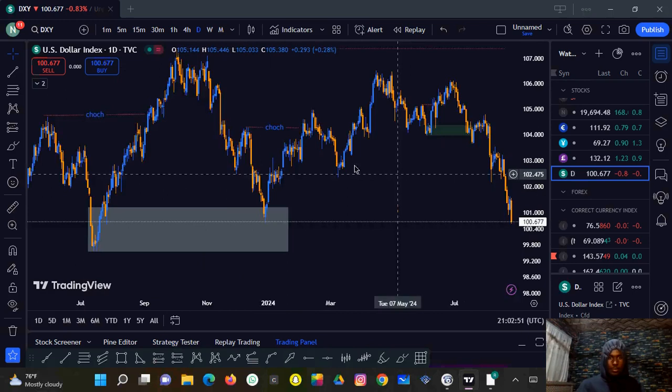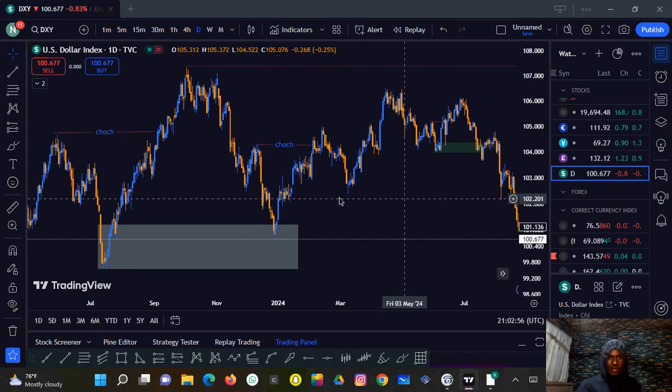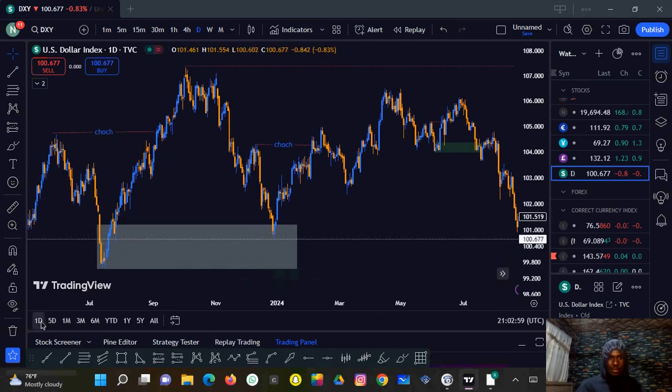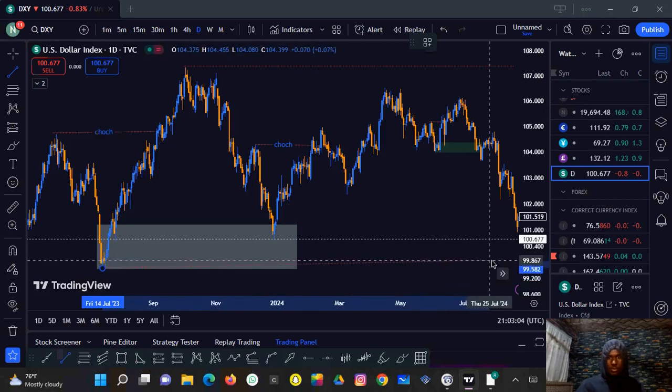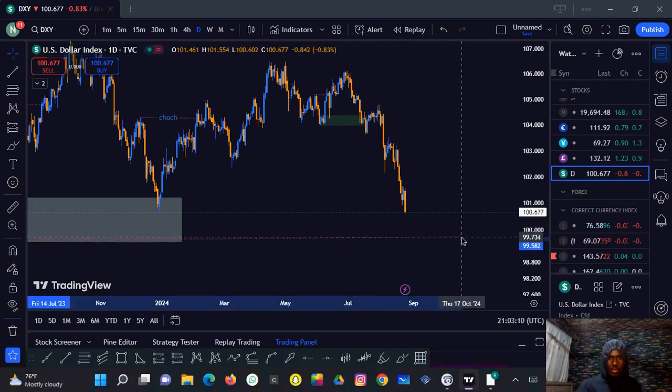As we can see from here, the dollar index is likely to continue falling after taking here. Since interest rate is likely to be reduced, we might be targeting here as our next move on the dollar index.